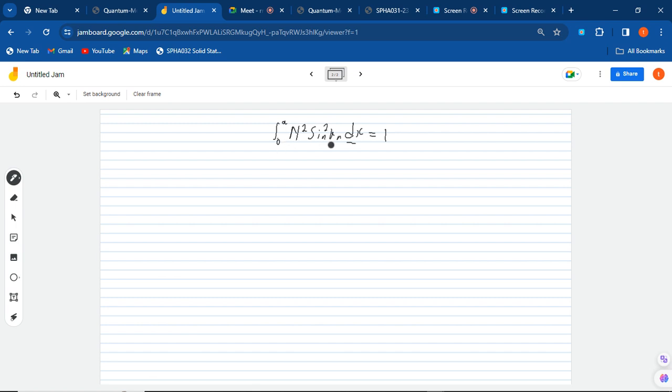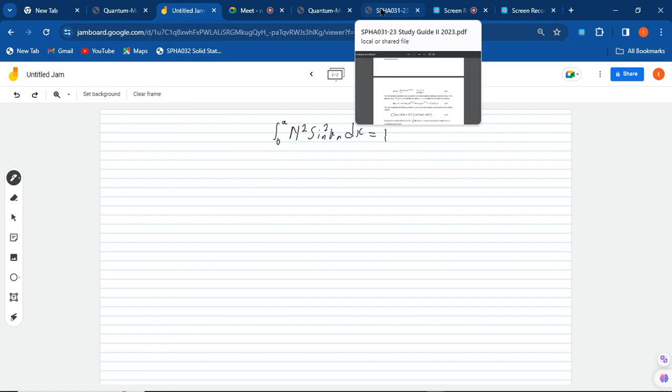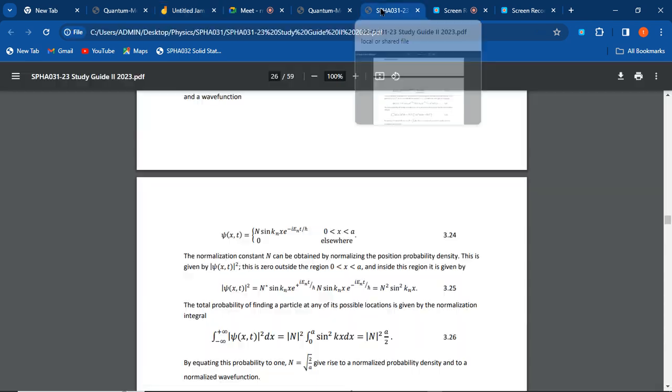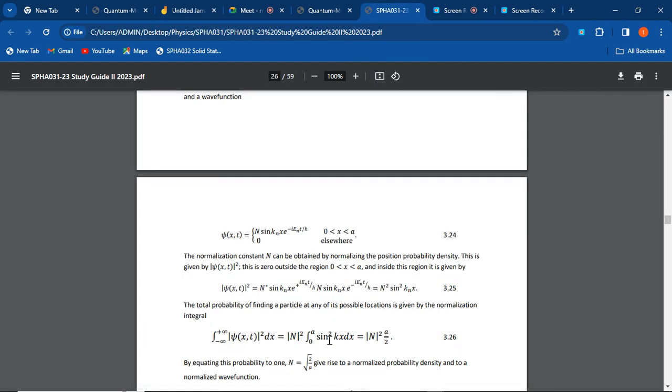And what does that mean? Whatever does not have x is going to be your constant. I hope you can see it here.